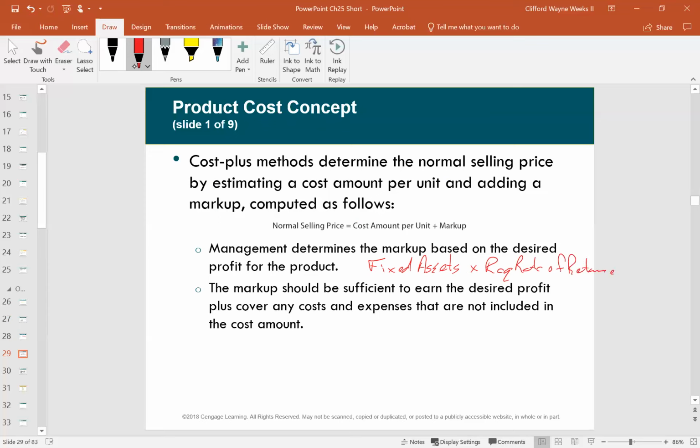So the markup should be sufficient to earn a desired profit, plus to cover any costs and expenses that are not included in that cost amount.